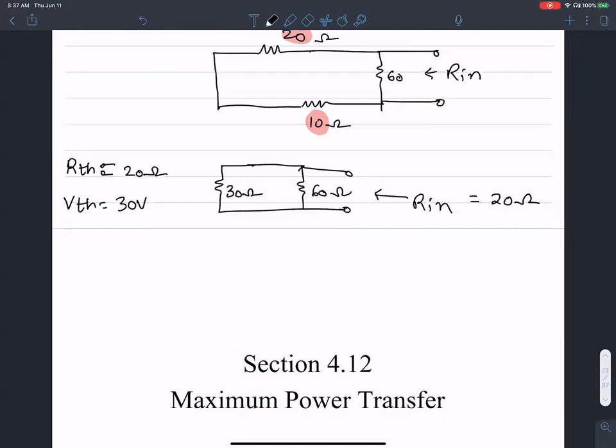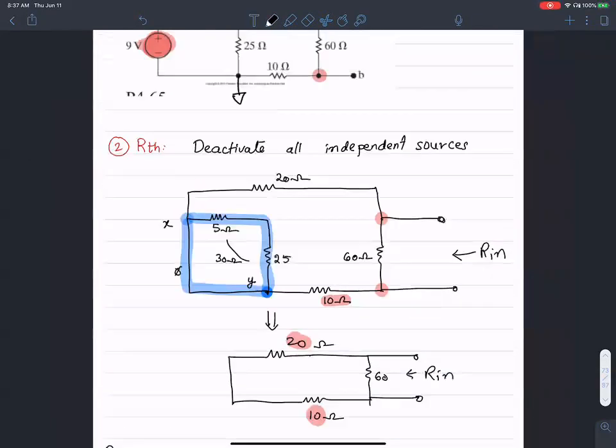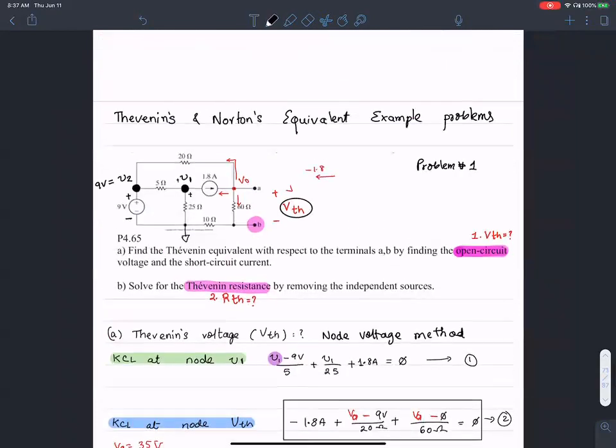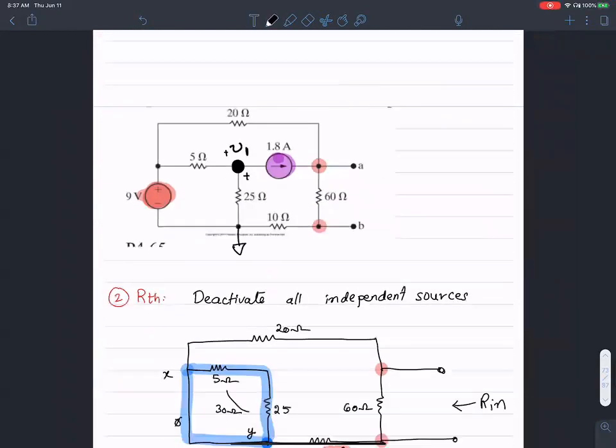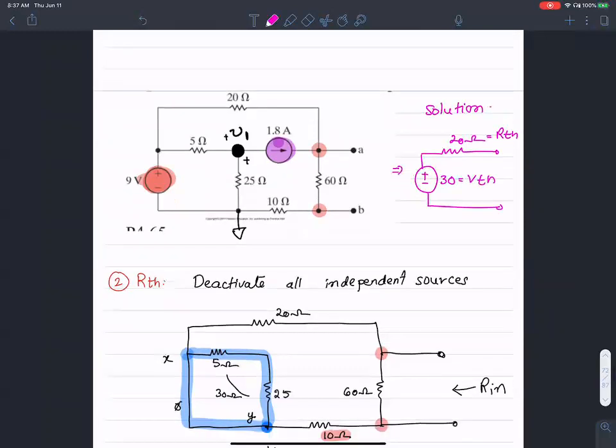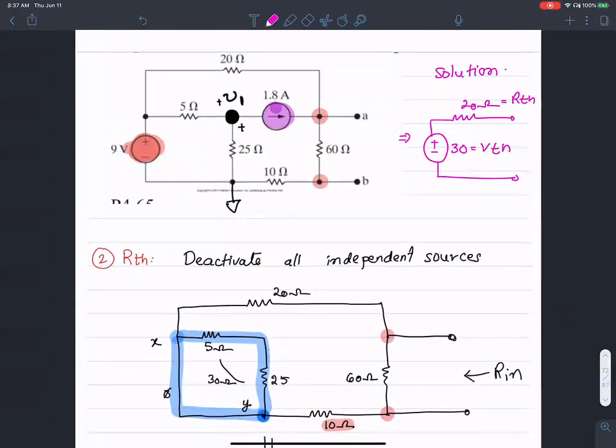So the argument would be that all of the circuit above would be exactly identical to one voltage source with 30 volts and a 20 ohm resistance in series. So this is VTH. This guy is RTH. Okay, does that make sense?